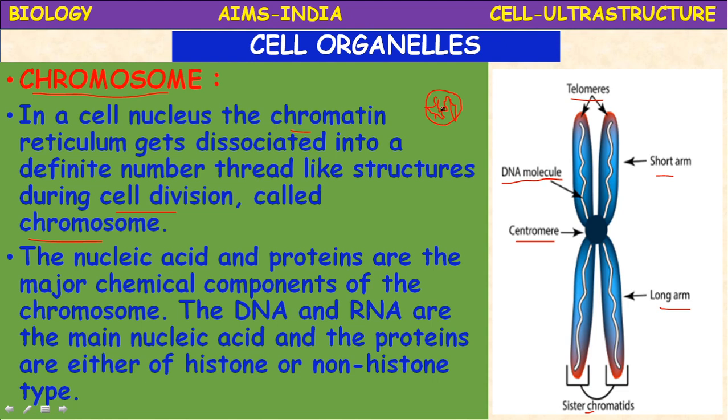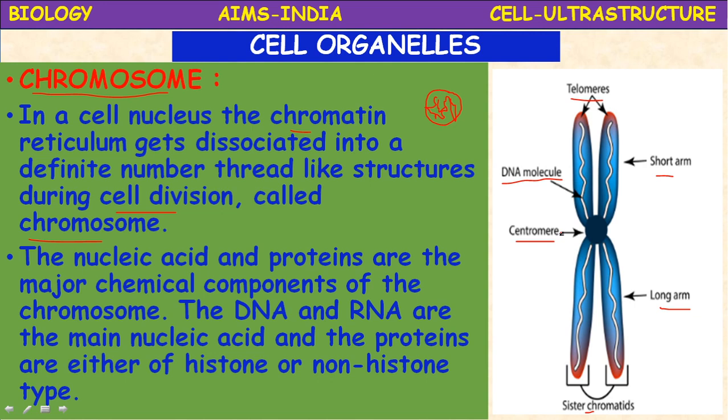The nucleic acid, that is DNA, and proteins are the major chemical components of the chromosome. A chromosome is made up of nucleic acid and proteins. The DNA and RNA are the main nucleic acids. What are the main nucleic acids? DNA and RNA.